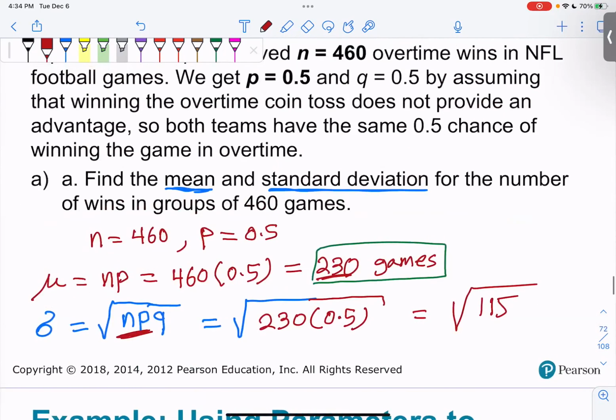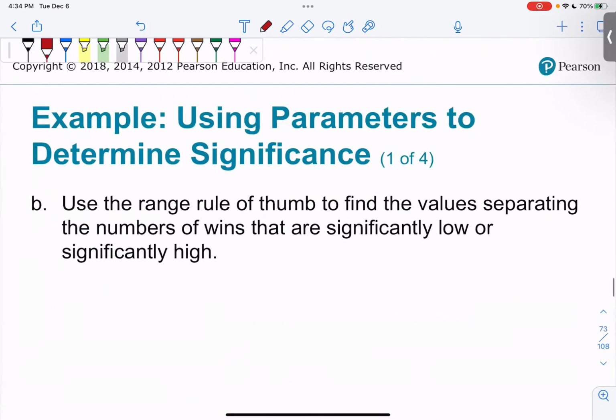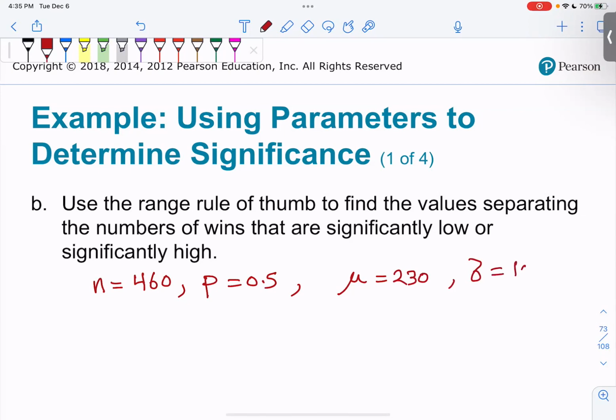So now we got n equal 460, p equal 0.5, mu equal to 230, and sigma equal to 10.7 games. Okay.